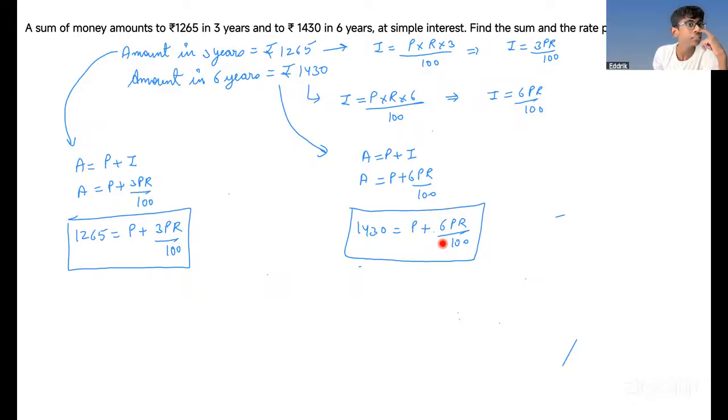Sir, I think you should minus 1430. Oh, you do 1430 minus 1265, and that will be the interest for 3 years because it's 6 minus 3. 1430 minus 1265. That's the interest for 3 years. Let me get it. I will subtract it.